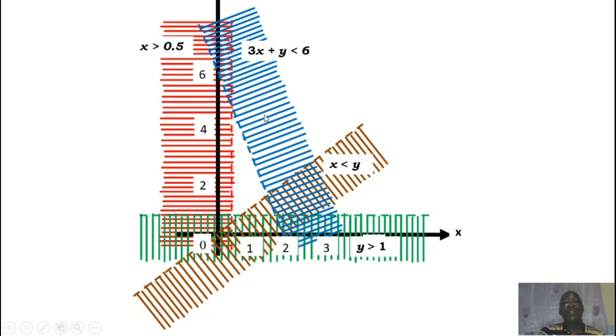Then the blue one, for 3x plus y to be less than 6, instead of shading less than as is supposed to be indicated, we shaded upwards, which is greater than, showing the opposite of what we need to do. Then, x is less than y.